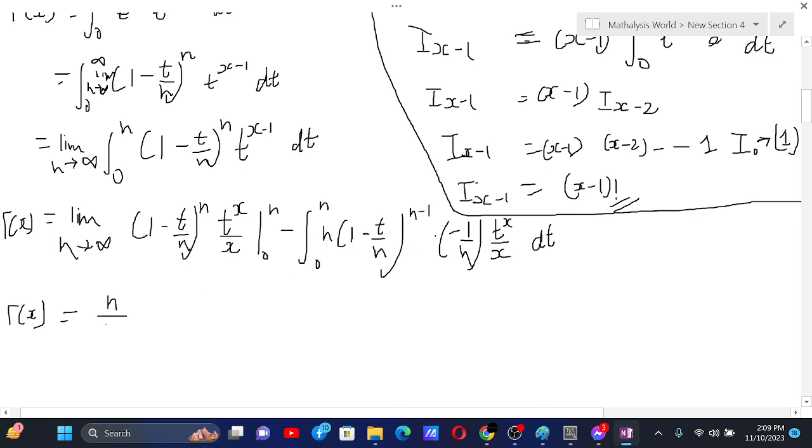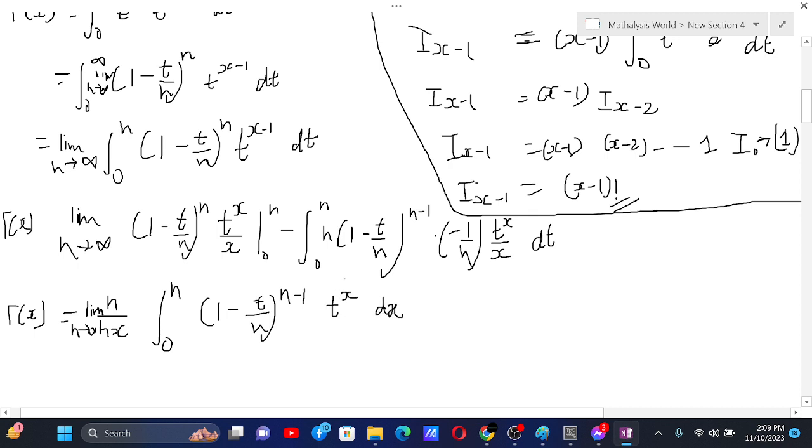So that's n by nx, integral from 0 to n, and n is also going to infinity, and over here we have 1 minus t by n to the power n minus 1, and t to the power x dt.